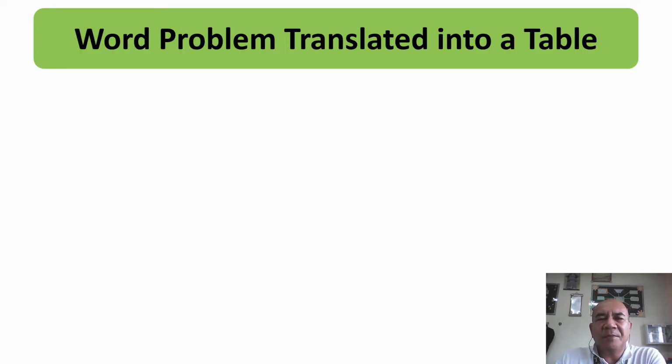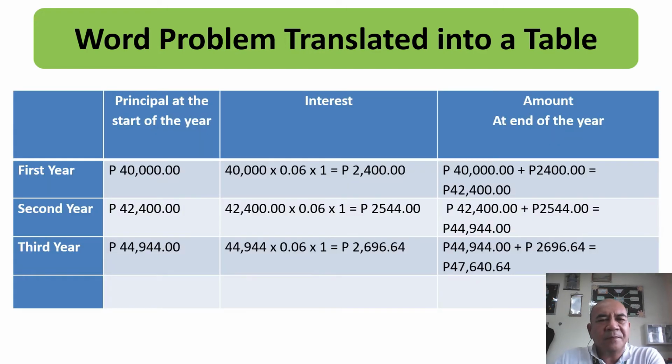Okay, so there are word problems translated into a table. Say, for example, during the first year, the principal at the start of the year is 40,000. And to find the interest, you're going to multiply the principal times the rate times the time. This is problem number 1.